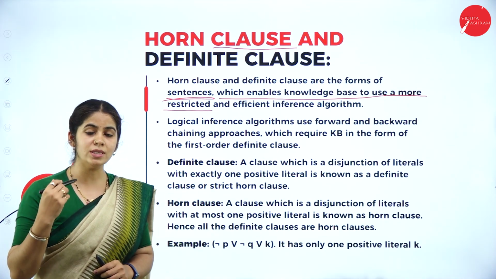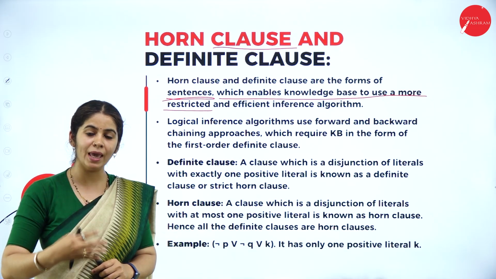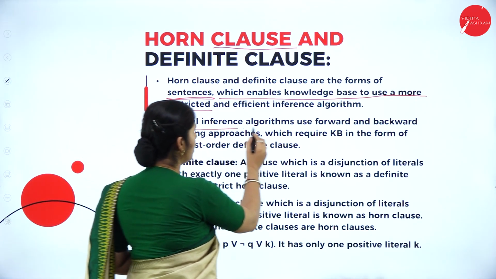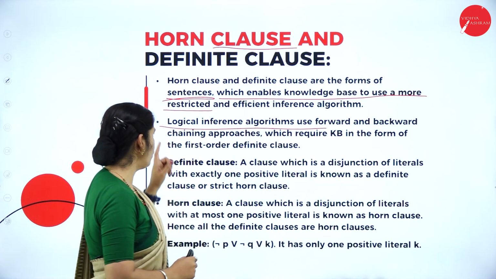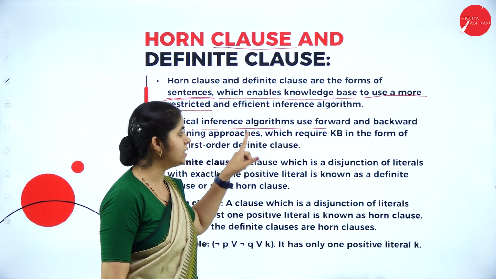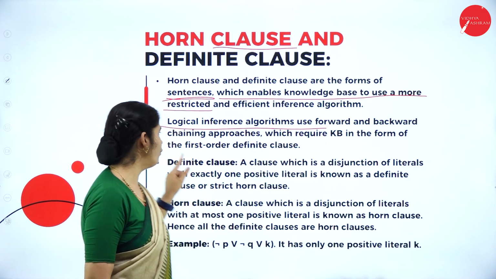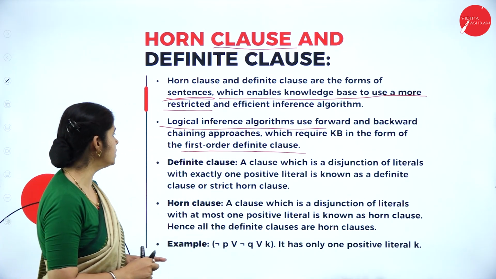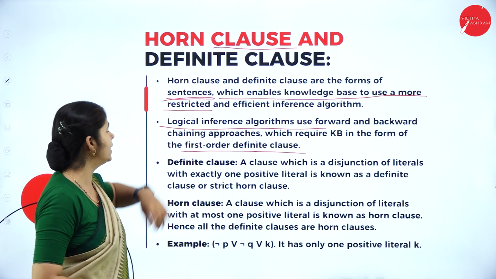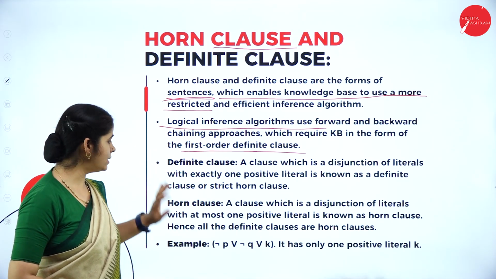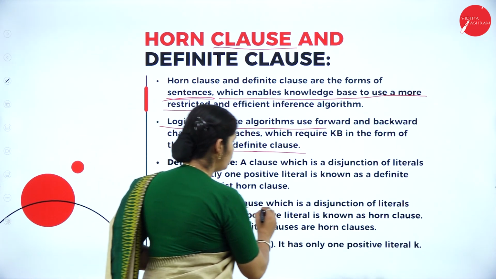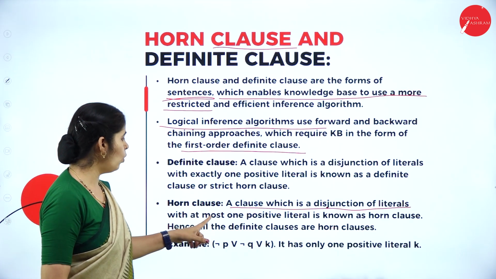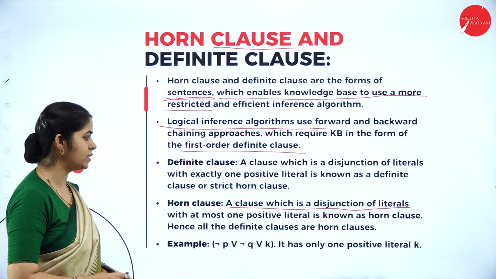Why do we use this clause? To make efficient use of the inference algorithm. A logical inference algorithm uses forward and backward chaining approaches, which require the knowledge base in the form of first-order definite clauses. In first-order definite clauses, we use the Horn clause and the definite clause. A Horn clause is a disjunction of literals with at most one positive literal.